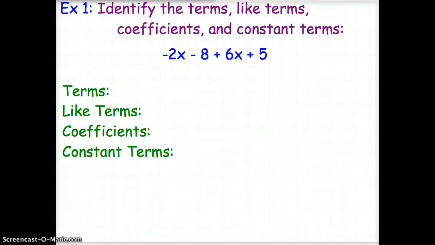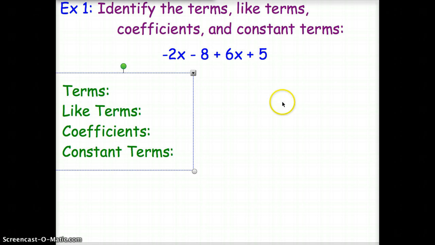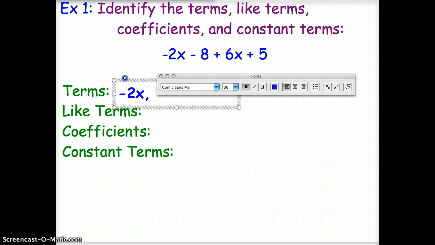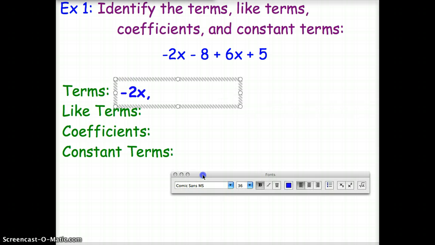Example 1, we're going to identify the terms, like terms, coefficients, and constant terms. So firstly, let's look at the terms. We've got 4 terms in this particular expression. Negative 2x is a term. Remember, terms are things that are added together.